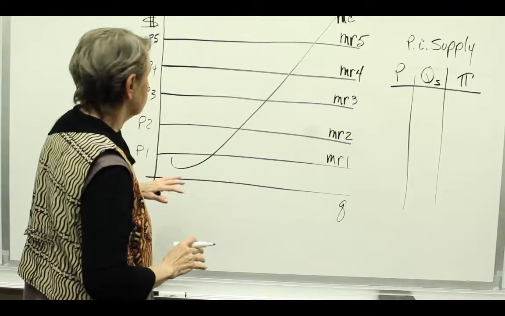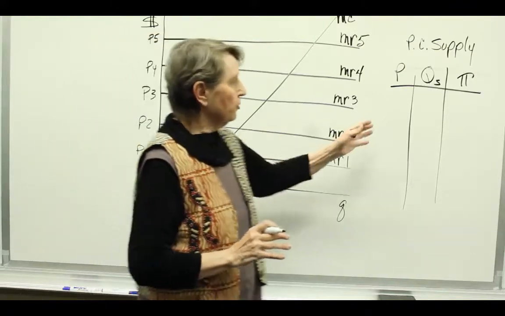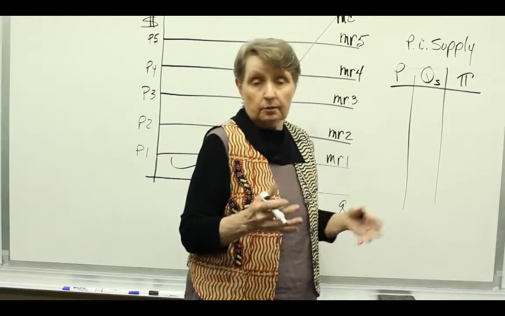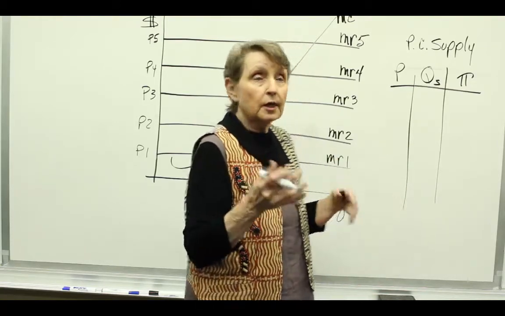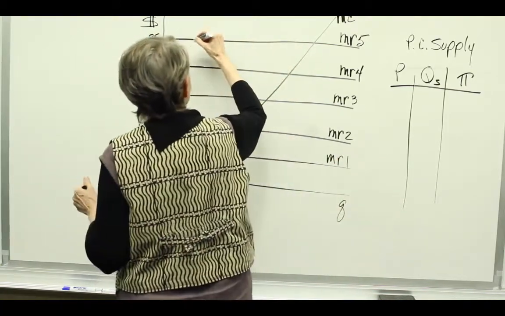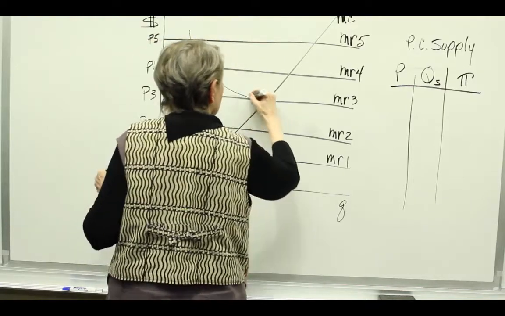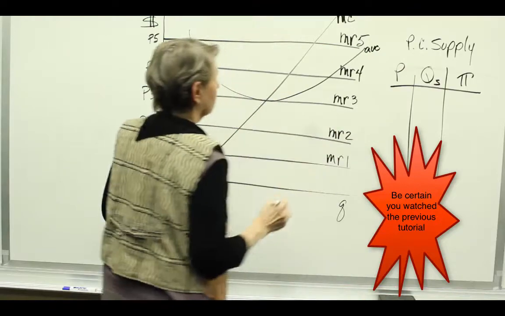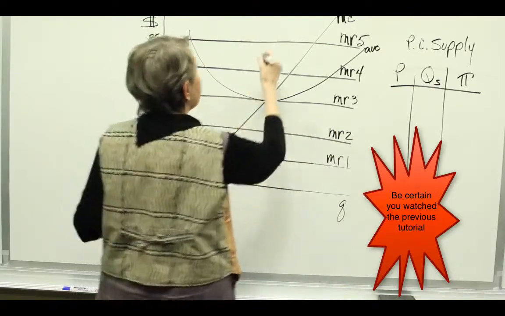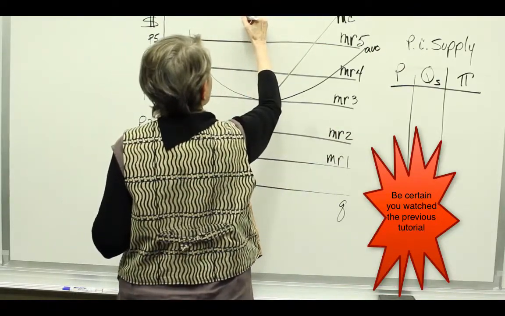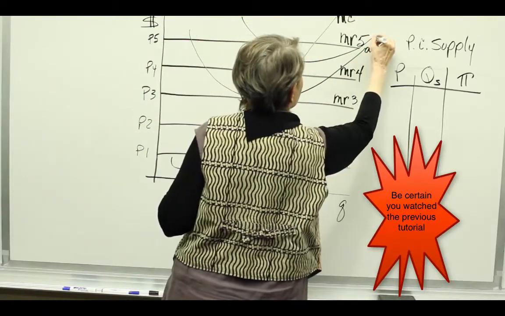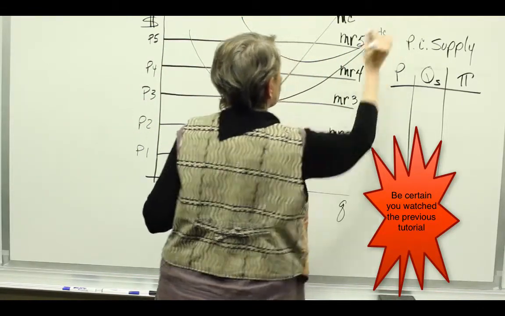To do this, we know that whether or not a firm supplies to the market depends on whether they can cover their variable costs. So I'm going to draw an average variable cost curve right there. And then I'm going to put an average total cost curve, which is higher. There's my average total cost curve.